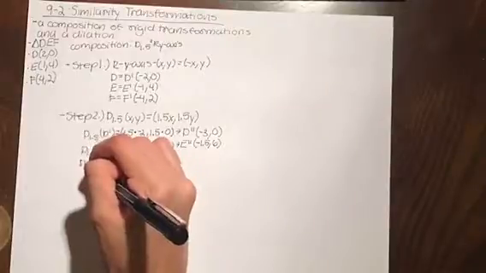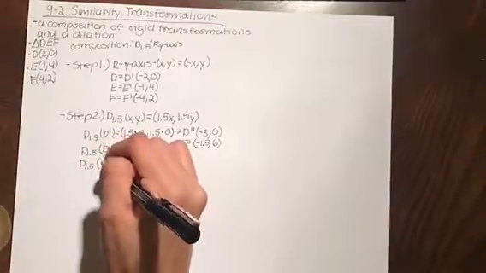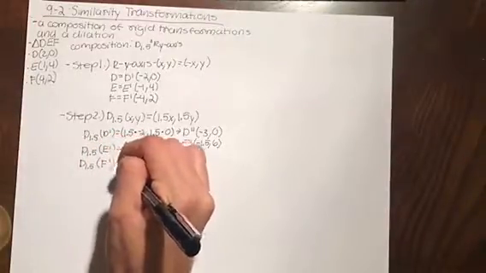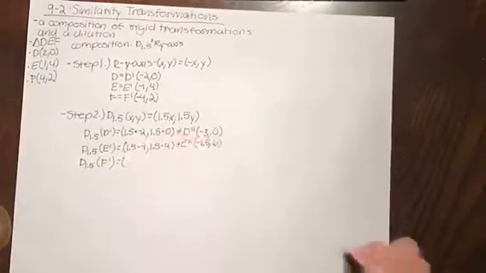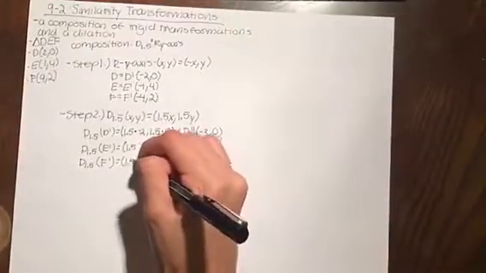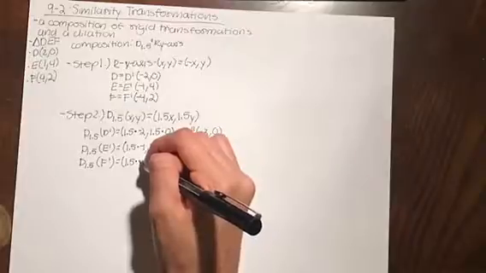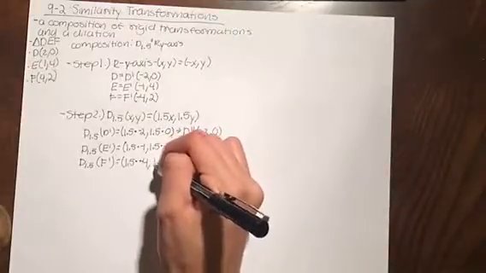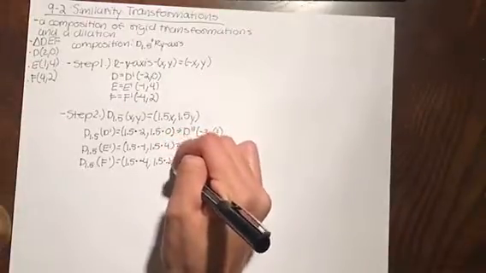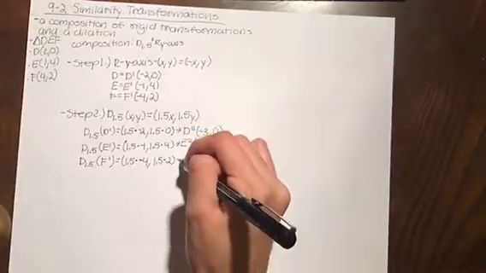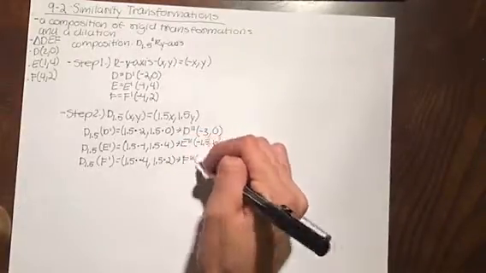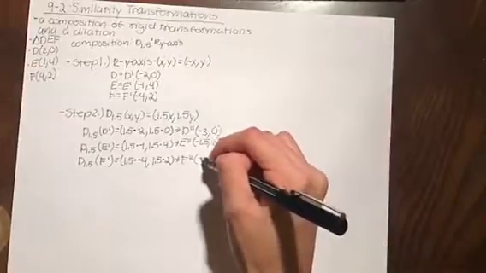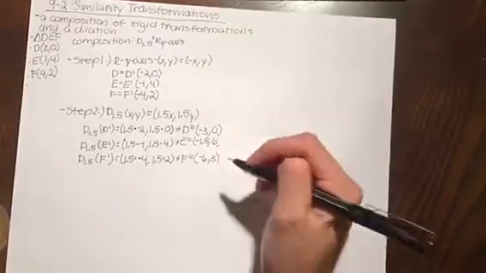Then the dilation of 1.5 F prime equals 1.5 times negative 4 and 1.5 times 2, which then leads to F double prime being (negative 6, 3).